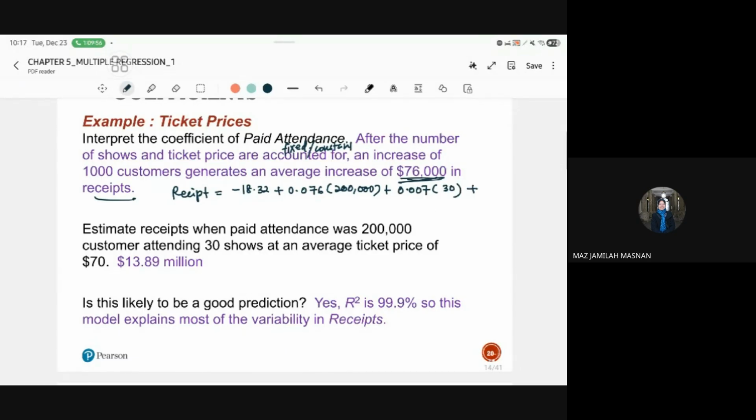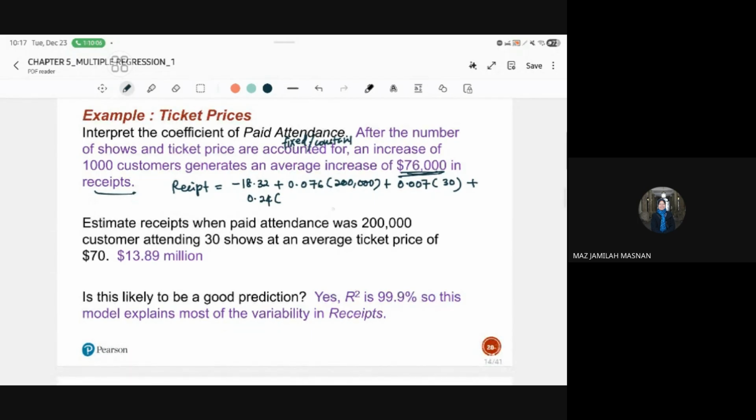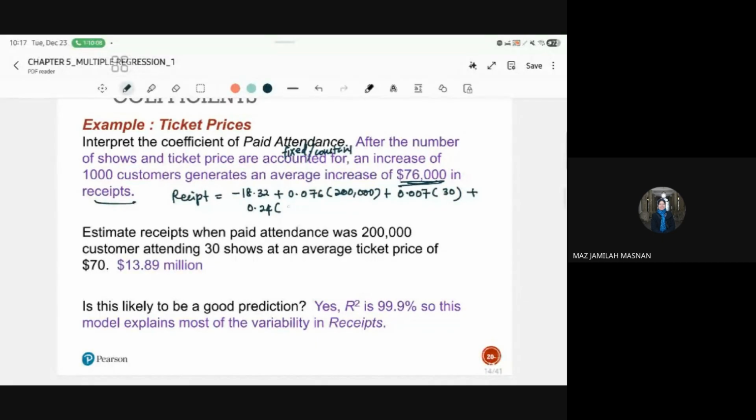And then the last one is the average ticket price, 0.24, multiplied by the average ticket price of 70.